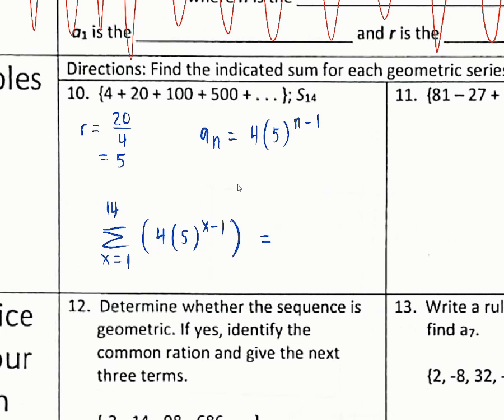Alpha window, number 2, x, 1, 14, in those parentheses, 4, open parentheses, 5, close parentheses, raised to the x minus 1, enter. And what do you get? Big number, right? 6,103,515,624.